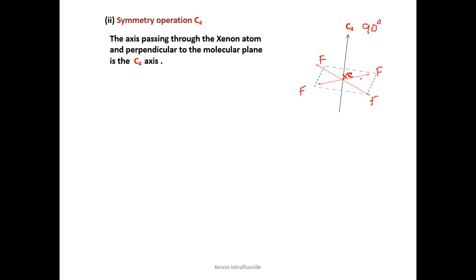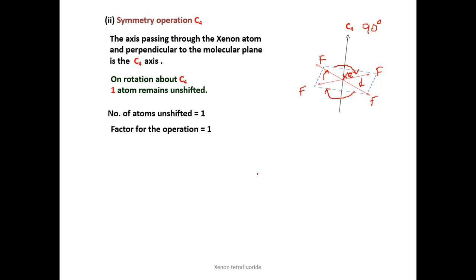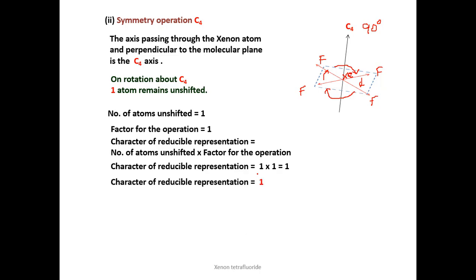During the 90-degree rotation, this fluorine will come here, this fluorine will come here, this will go there and this will go there, but the position of the xenon will not change, and the number of unshifted atoms is equal to 1. The factor for the operation is 1, and the character of the reducible representation is equal to the number of atoms unshifted into the factor for the operation, which is 1 into 1 equal to 1.